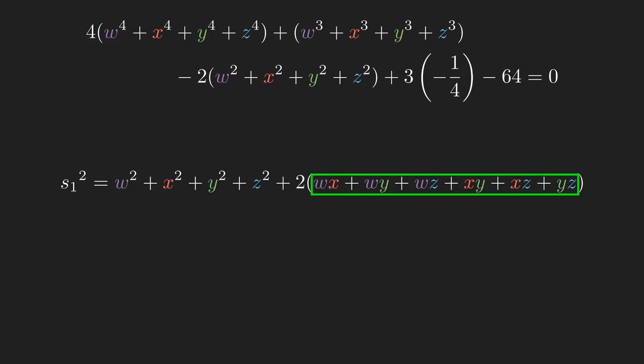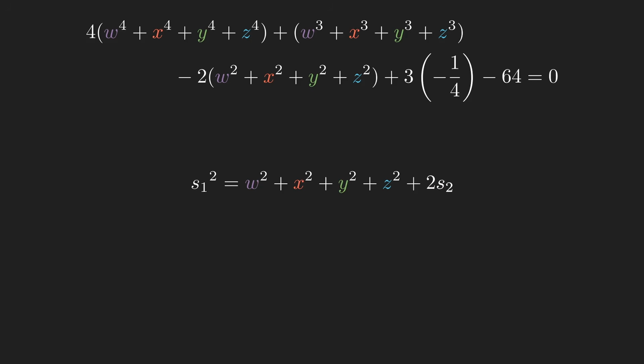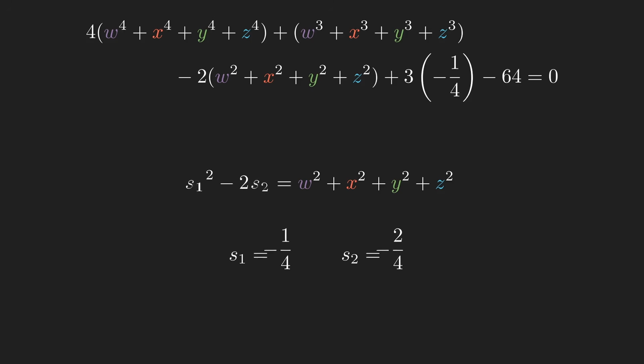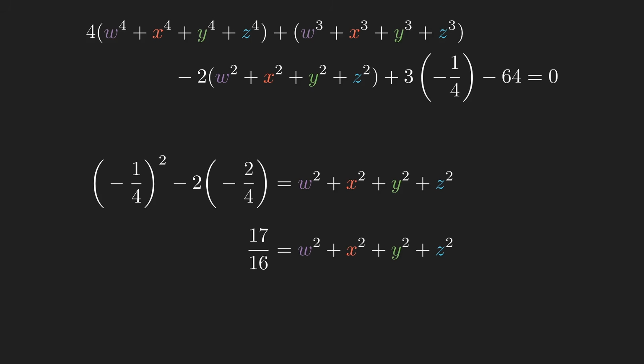Do you see it? That's S2. So S1 squared equals w squared plus x squared plus y squared plus z squared plus 2 S2. Now we can rearrange and plug in the fact that S1 is minus a fourth and S2 is minus 2 fourths, and we get that the sum of the squares is 17 over 16. Great, let's substitute that into our equation.